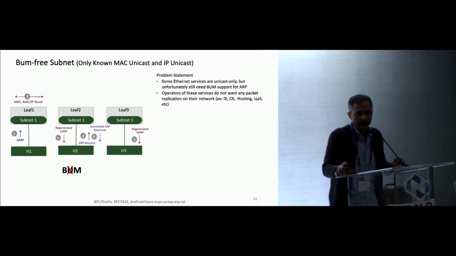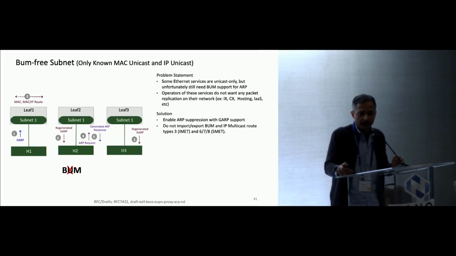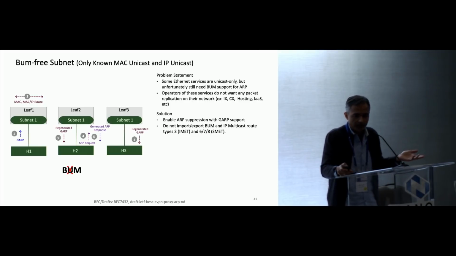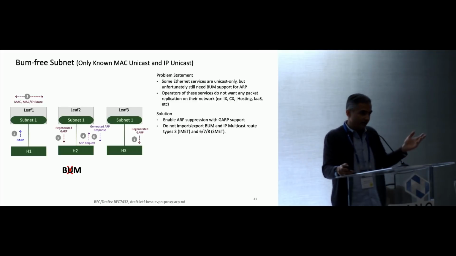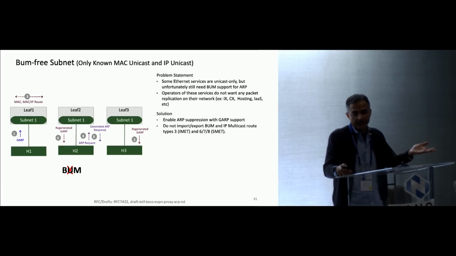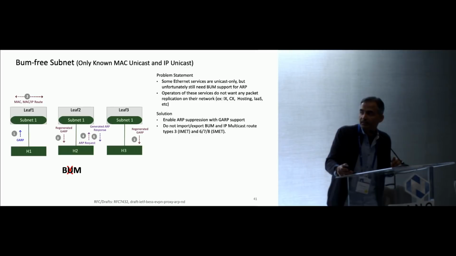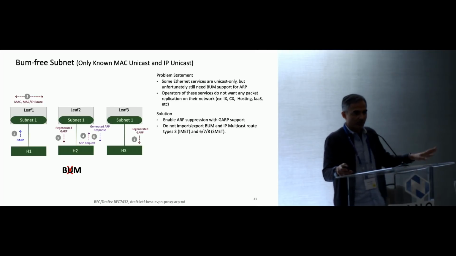So with EVPN, you can enable ARP suppression with the GARP support that we spoke of before. And then, like I said, you can use the policy knobs to suppress the sending and receiving of type 3, 6, 7, and 8 routes, which are the ones for any multi-destination frames.